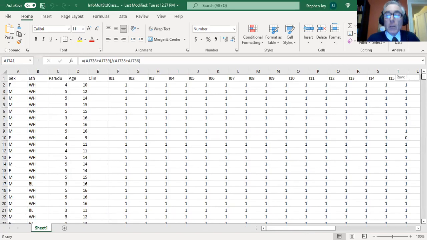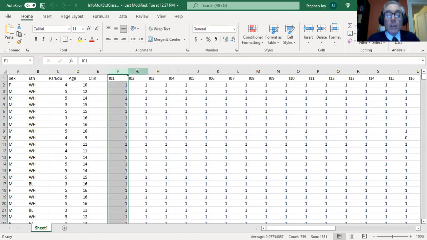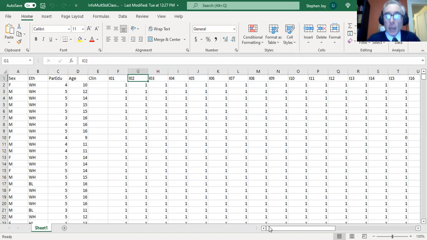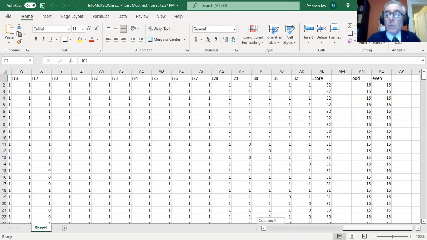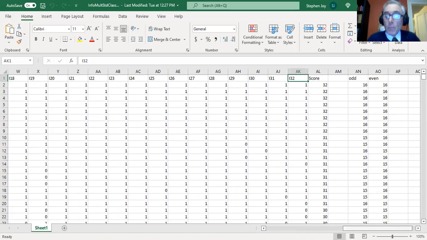Just to orient you to it, each column beginning with column F is an item on the test, item 1, IO1, item 2, IO2, and so forth, all the way across to item 32.